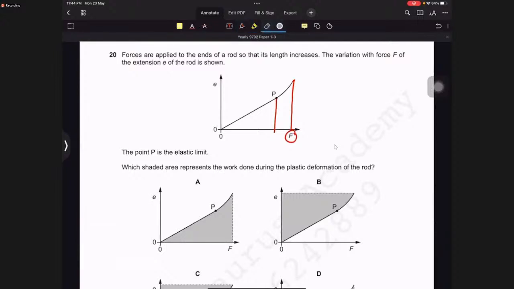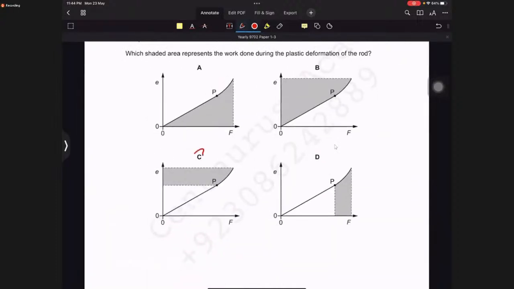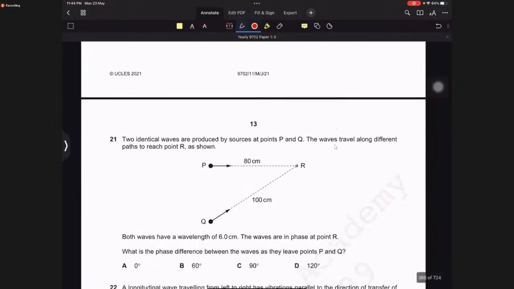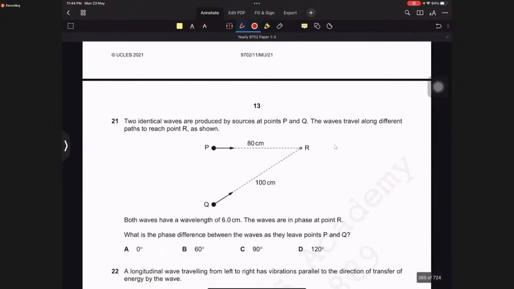But we need to find the area under the graph, but the graph is flipped. So it means we have to find this area, not that area. Where is this? Has to be C. Okay, pretty simple here.